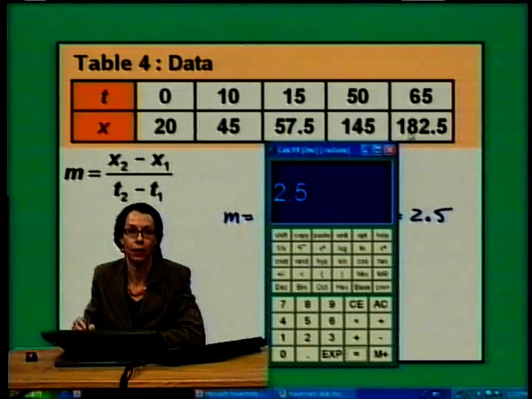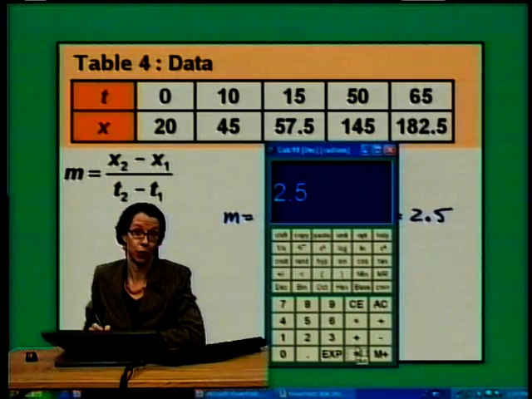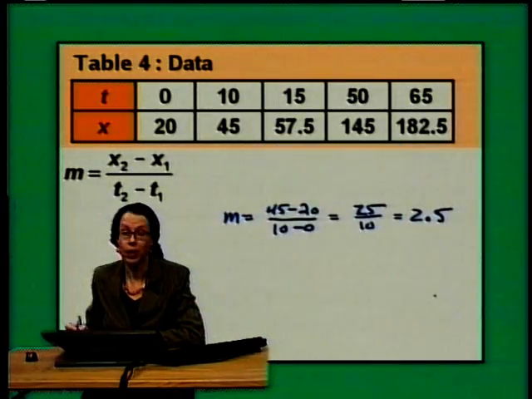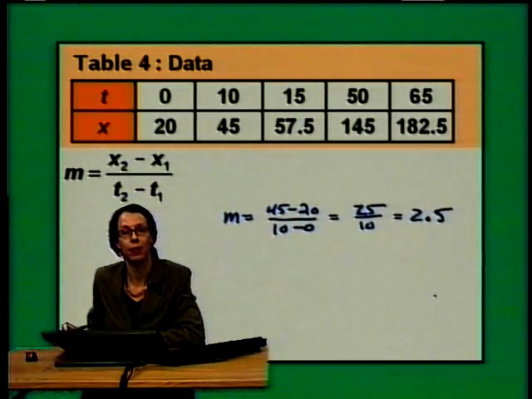I want to look at the last two columns in my table. So the difference of 182.5 and 145, close parentheses, divided by, open parentheses, 65 minus 50, that equals 2.5. So I checked the slope between consecutive points in the table, and I found that each time I got a slope of 2.5.